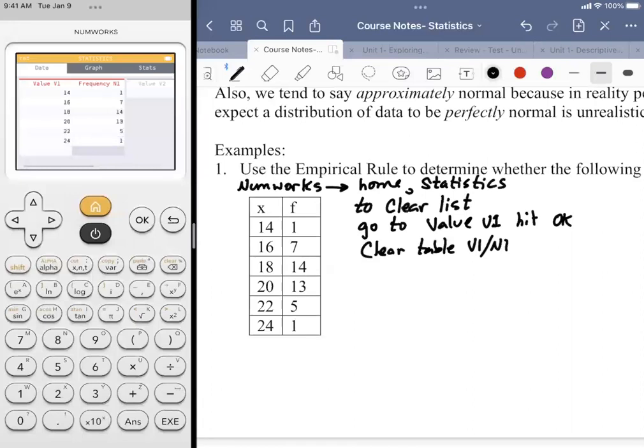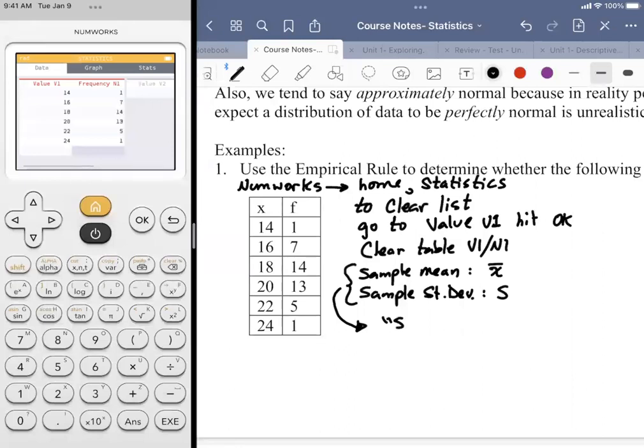If you remember from last class, I know it was a week ago, so maybe not, we're really looking for 2 pieces of information. We're looking for the mean, so the sample mean, which is X bar, and the sample standard deviation, which is S. All right, so to get these 2 values, we go to stats.